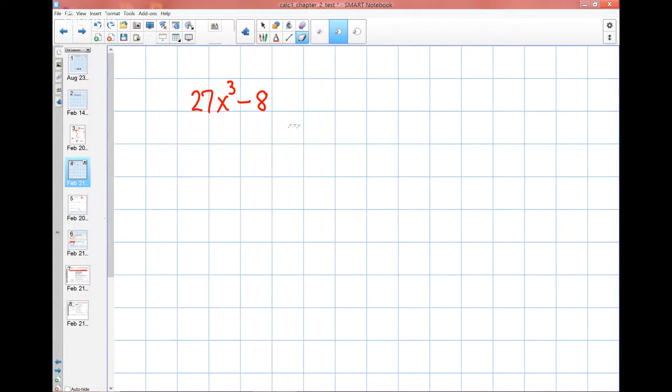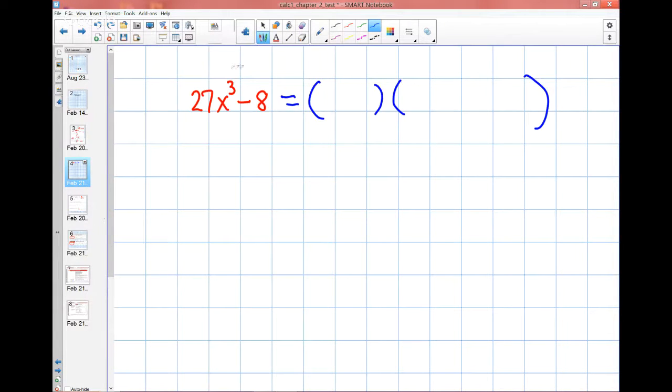So I'll use this as an example. So when you have the difference of two cubes, you get a binomial and a trinomial.